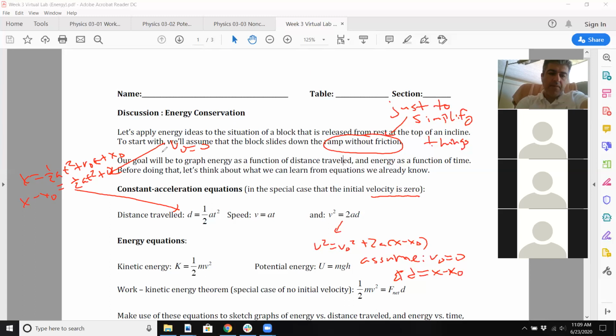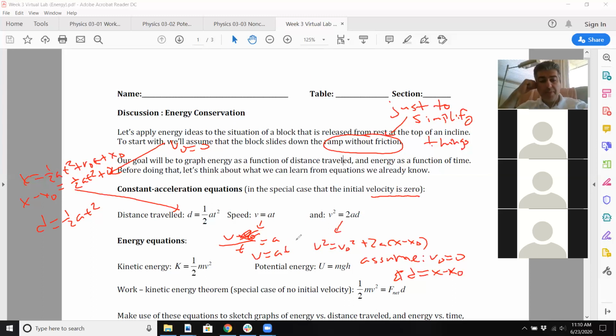And that's just D. And of course, velocity equals acceleration times time, because that came from that, and that just goes away. Then V equals AT.